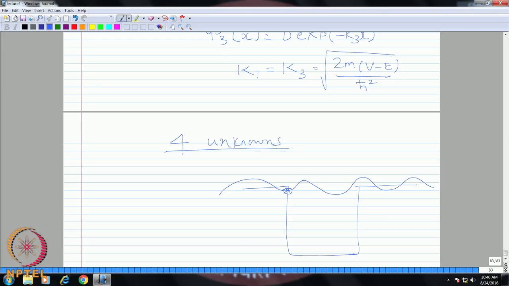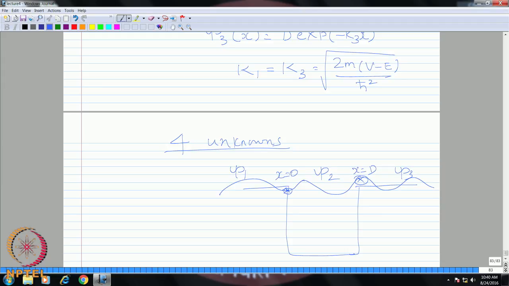Therefore, there has to be a continuity of the wave function coming from the solution psi 1 with psi 2 and psi 3, especially at the boundaries. So, at x equal to 0, the wave functions psi 1 and psi 2 have to be continuous, they have to be the same, and similarly at x equal to d, psi 2 and psi 3 have to be the same, and not only the value, but also the slope has to be equal.